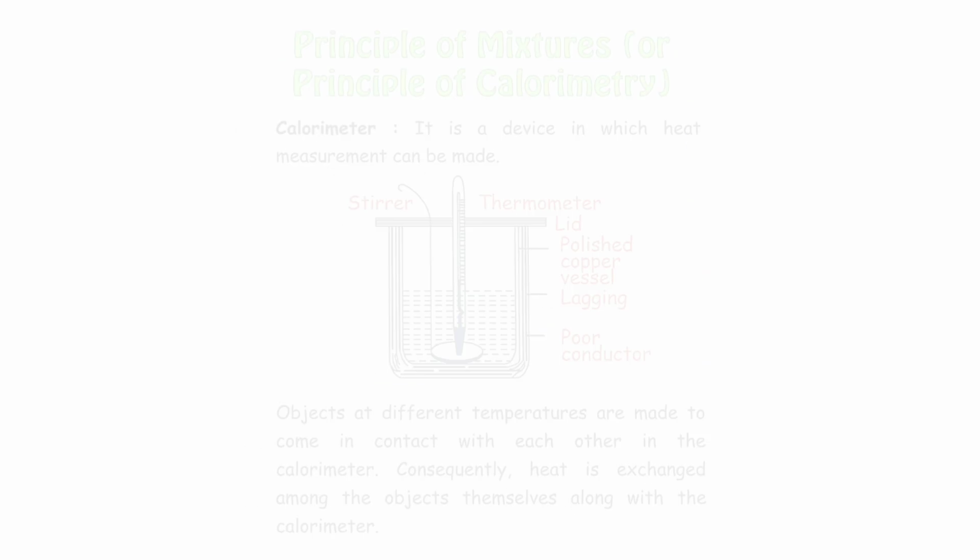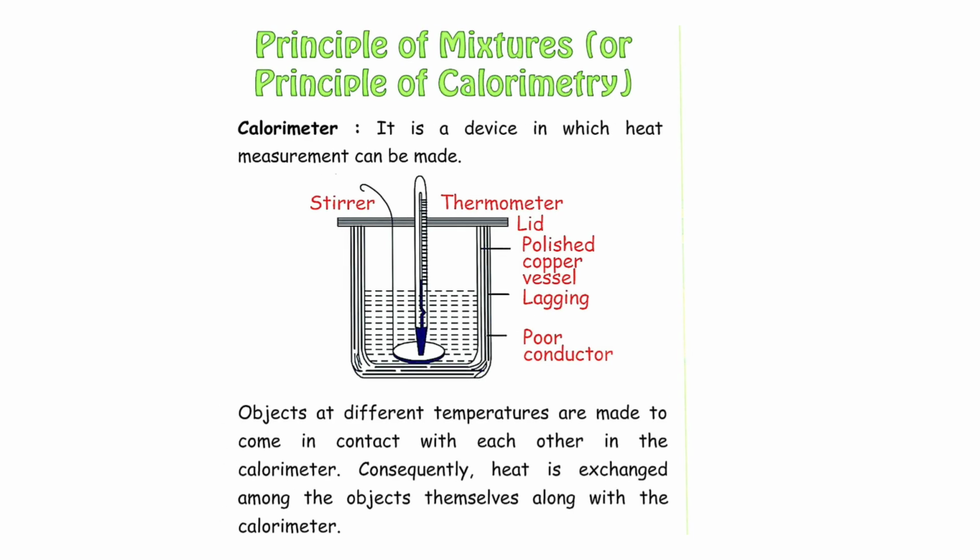You observe the diagram. What are the parts given? A stirrer is given to mix the liquid properly, an insulating protector that is a poor conductor, a polished copper vessel, and we use the thermometer to see the temperature.